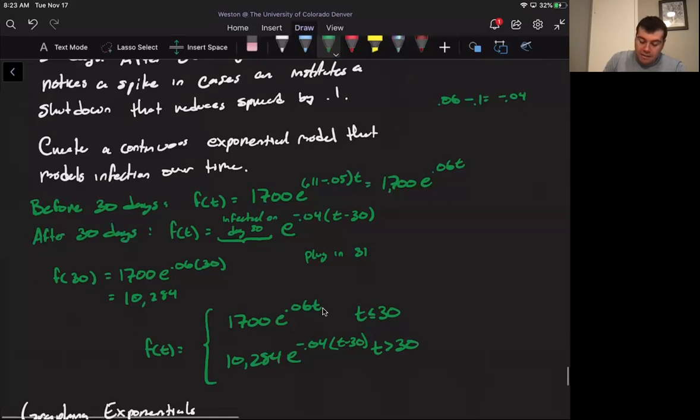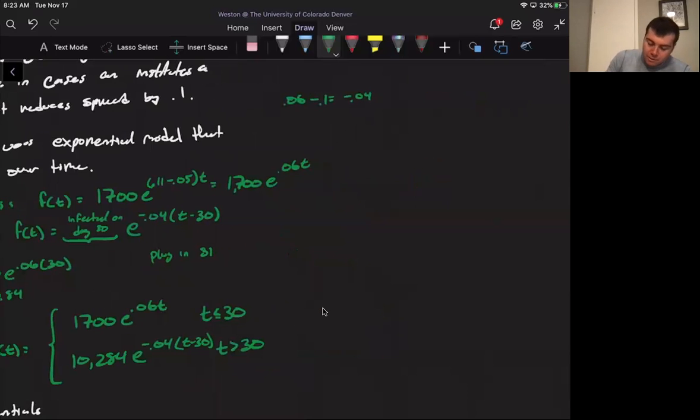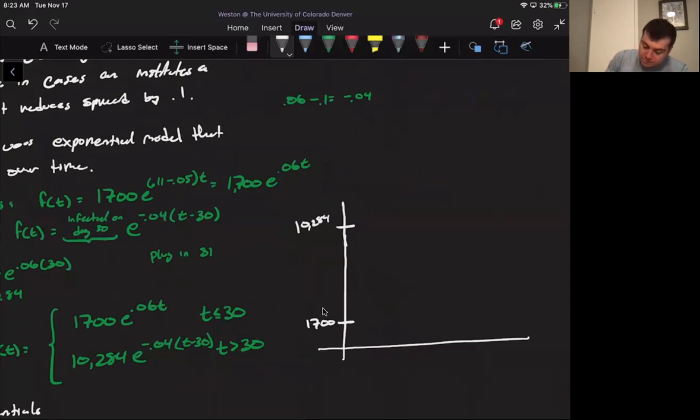And we can draw a graph of this as well. So this is just going to be graphing a piecewise function. Label a couple important points. So that's 1700. Maybe up here we'll put 10,284. And we'll put 30 days right there. So at day 0, we start here at 1700.